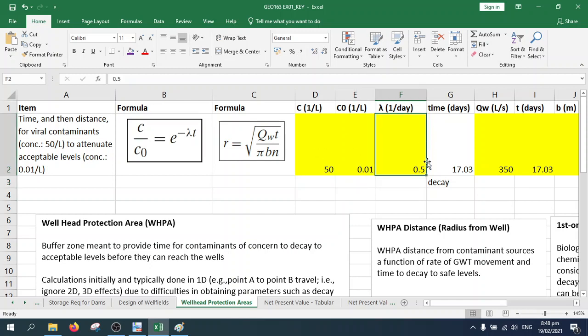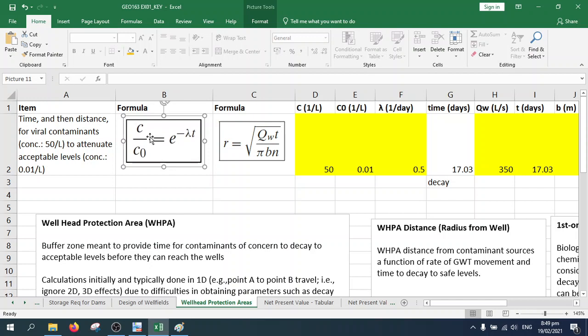All you have to do is use this first order attenuation equation. C is your final concentration.